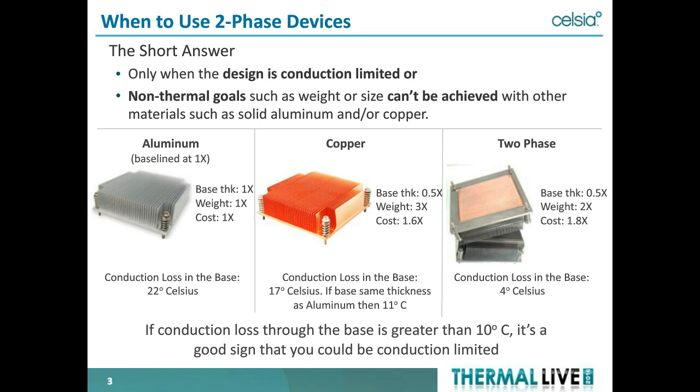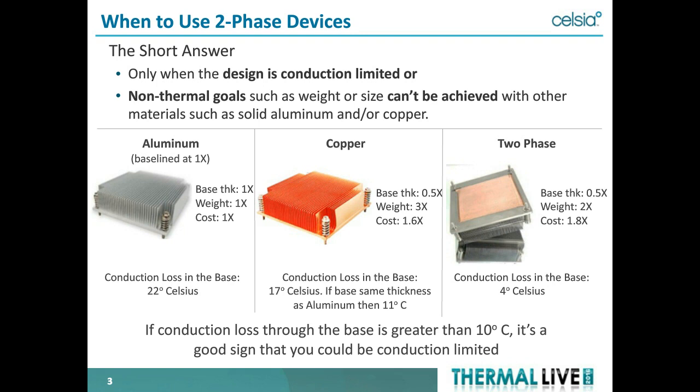If you go to copper and you keep the base the same thickness, that's just going to cut it in half to 11 degrees. Often what happens is they will reduce the thickness of the base to get a little more fin area. And so in this case, there was a 17 degree delta T.